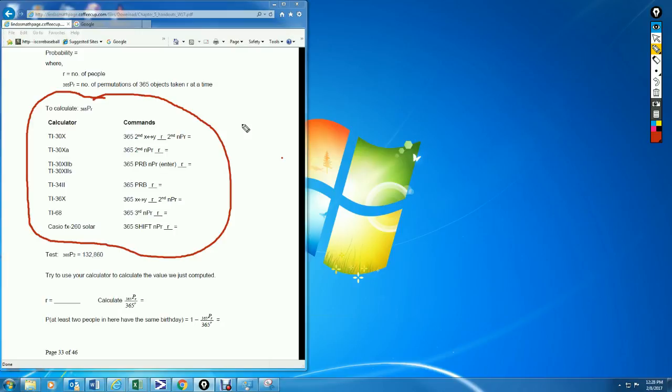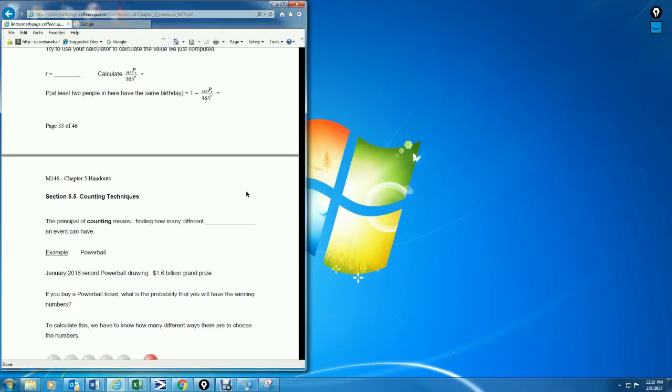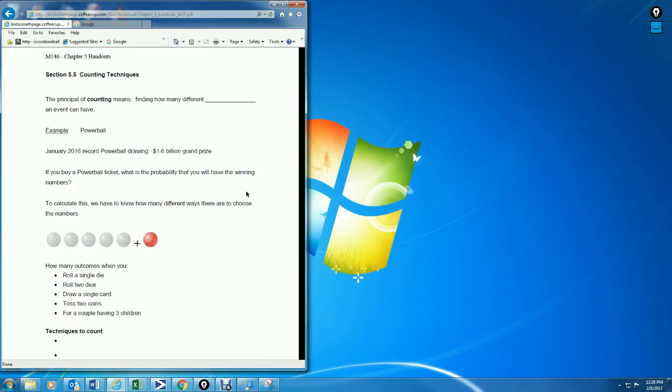So get your scientific calculator out, because a big part of this is learning how to do it on your calculator. So normally I would do this here. What I'm going to do is go on and then I'll come back. These are the specific commands for various types of calculators, okay? So what I'm going to do right now is just go on and introduce the topic.